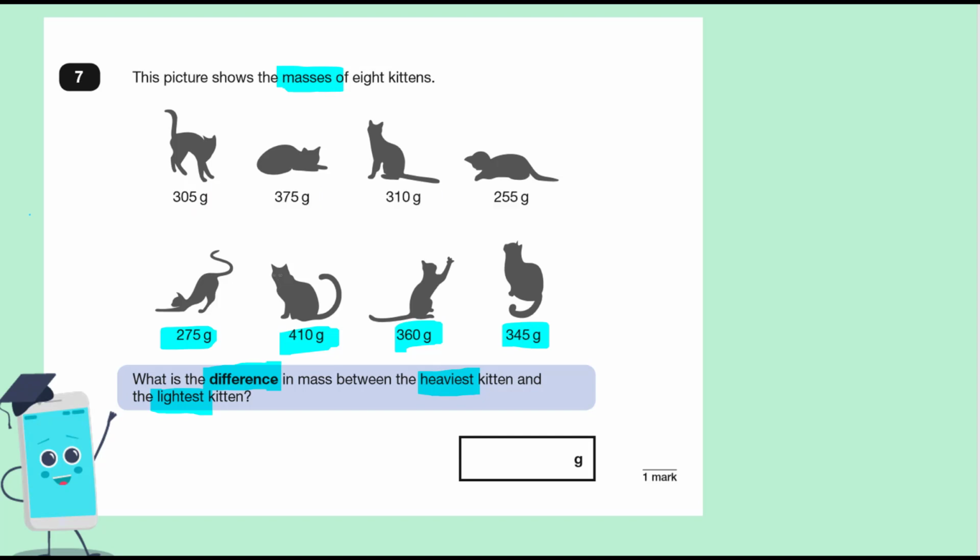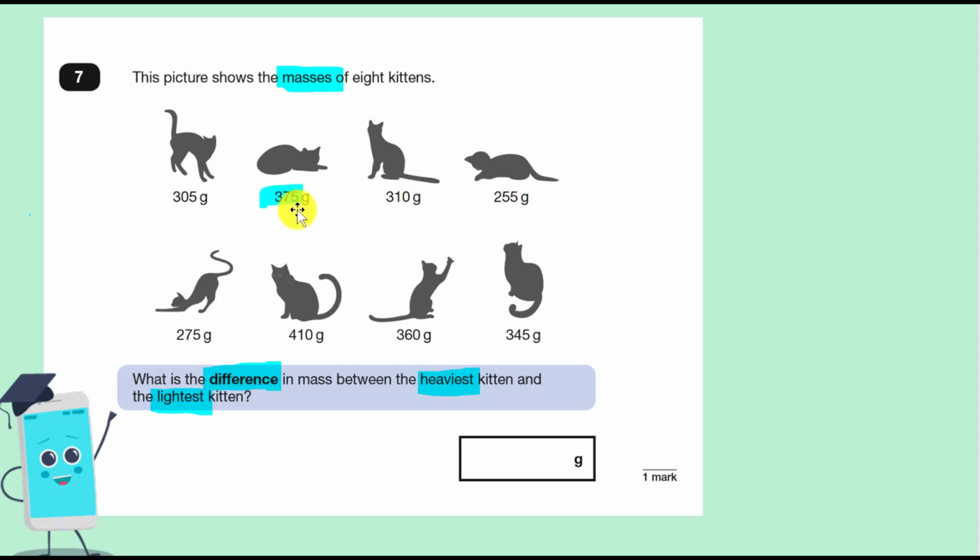Now I'm going to rub out these highlights. Let's look for the heaviest kitten and the lightest kitten first. So if we go along from 305 to 375, this is so far the heaviest. 310, this is still the heaviest. 255, this is still the heaviest.